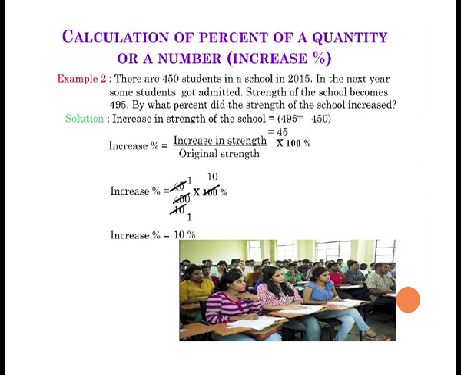The formula of increase percent is increase in strength by original strength multiplied with 100%. So, increase percent will be 45 upon 450 multiplied with 100%, which is 10%.